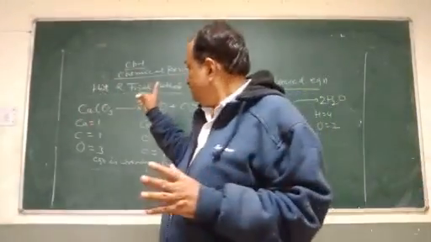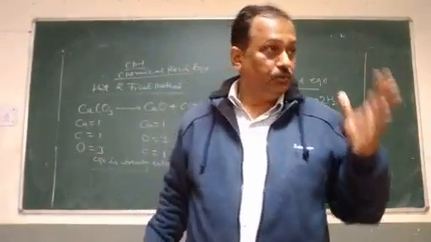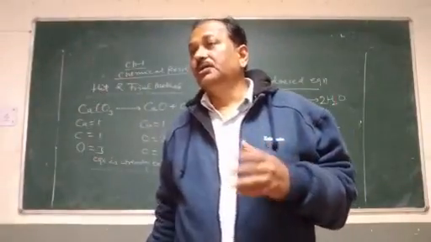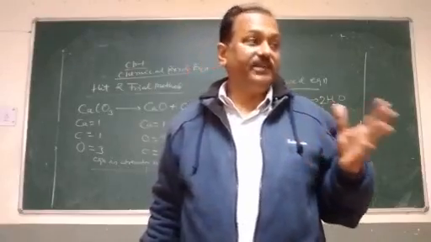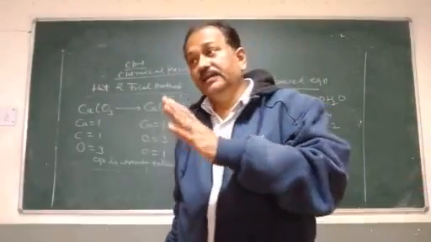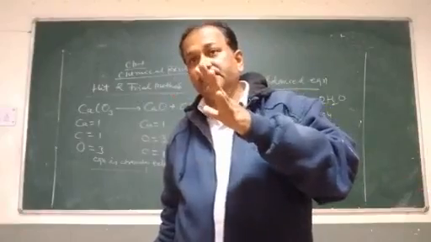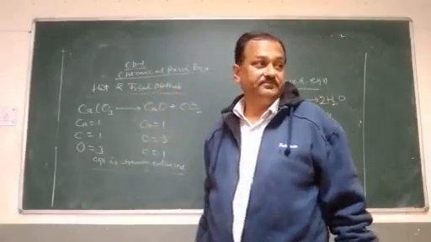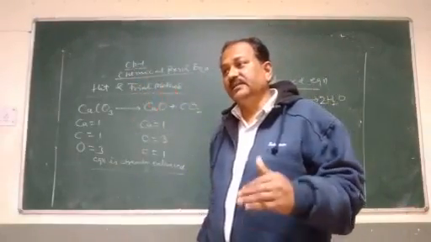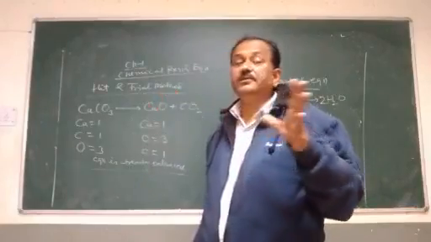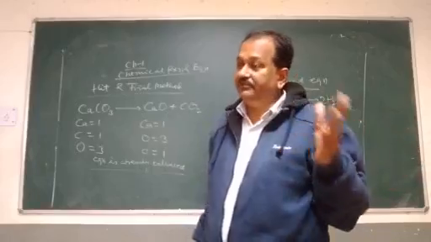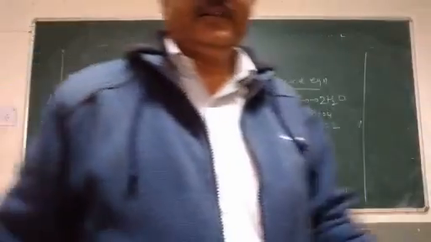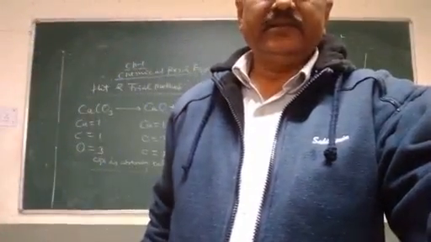Actually, in class 10th we use hit and trial method, but in class 11 there are some other methods also: oxidation number method, half equation method, but they are highly complex. But this method is applicable everywhere, in all the classes, 10th, 11th, 12th. There are some conditions for the oxidation number method and half equation method in class 11th, but it is very important to understand about the balancing.